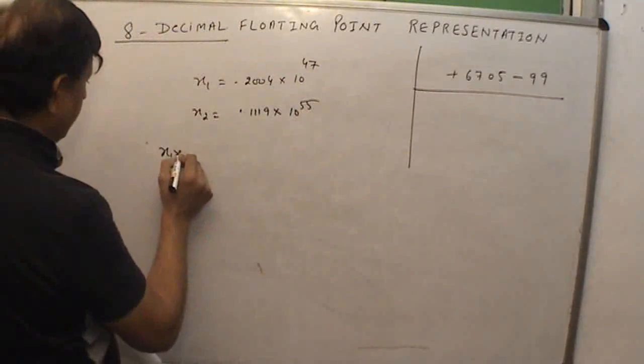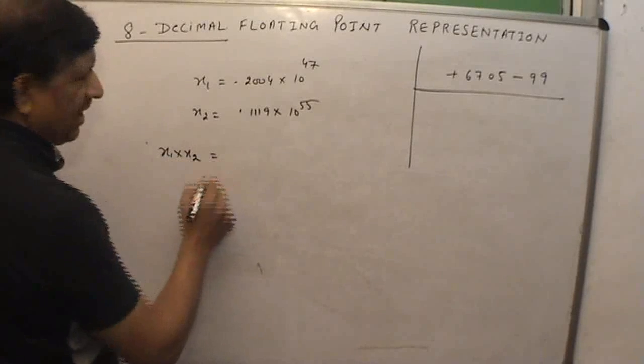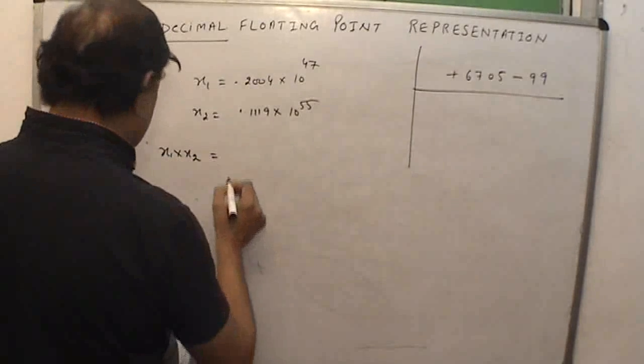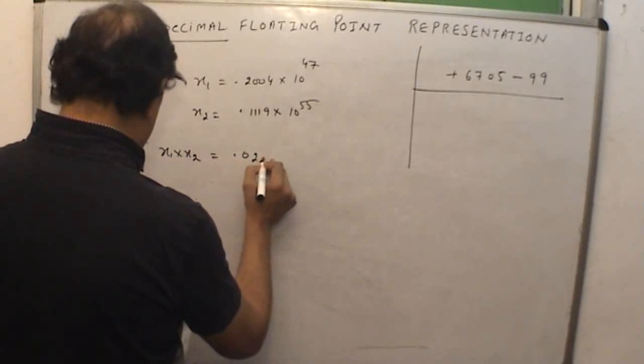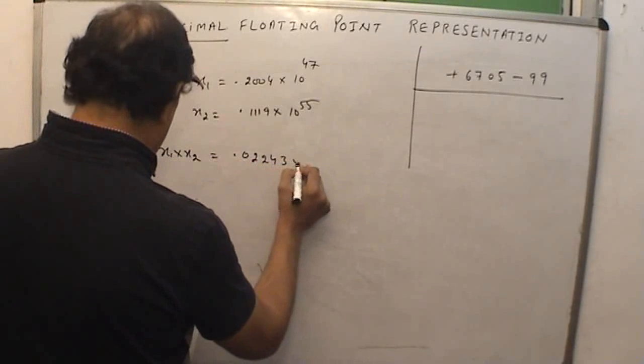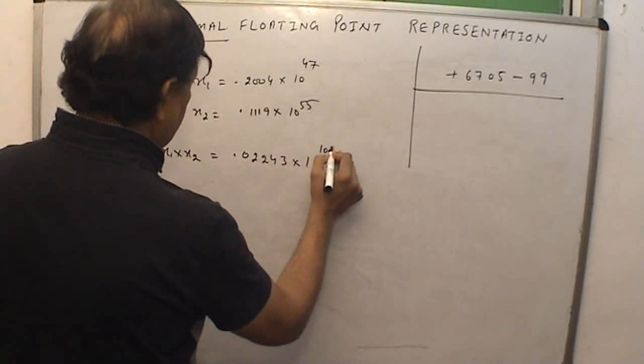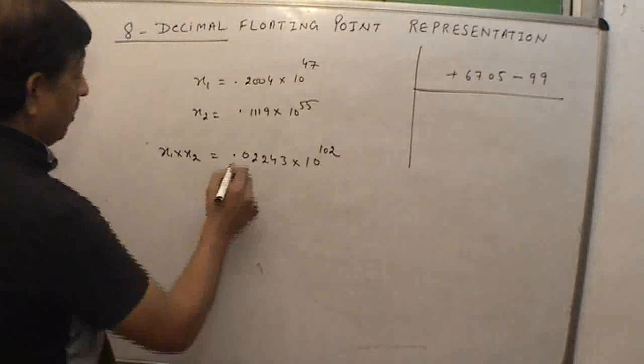If we multiply both digits, x1 into x2, we get 0.02243 into 10 raised to the power 102.